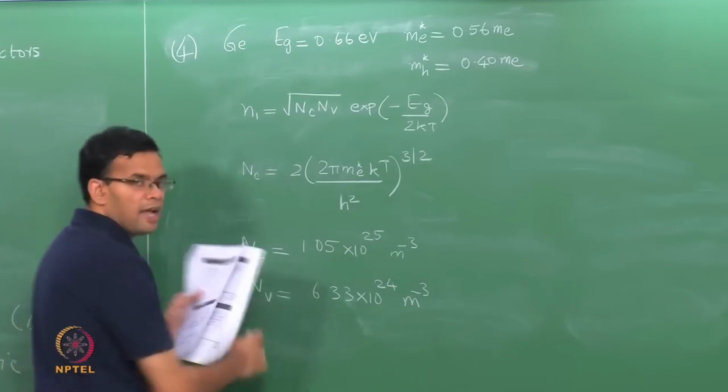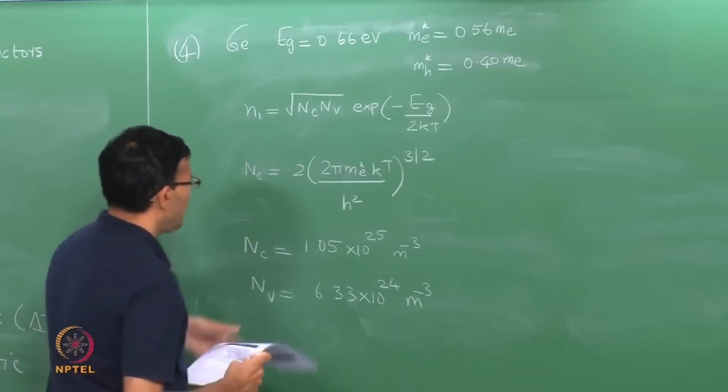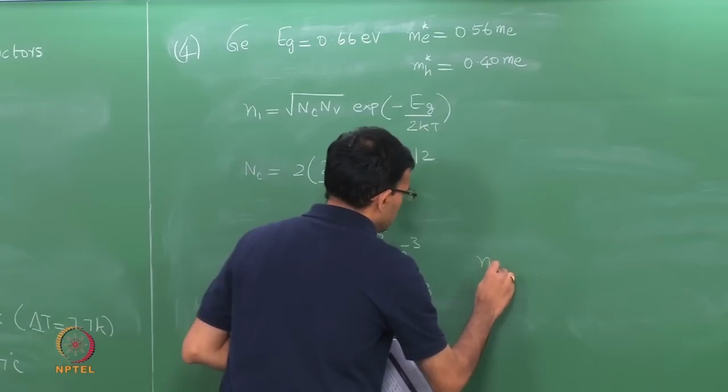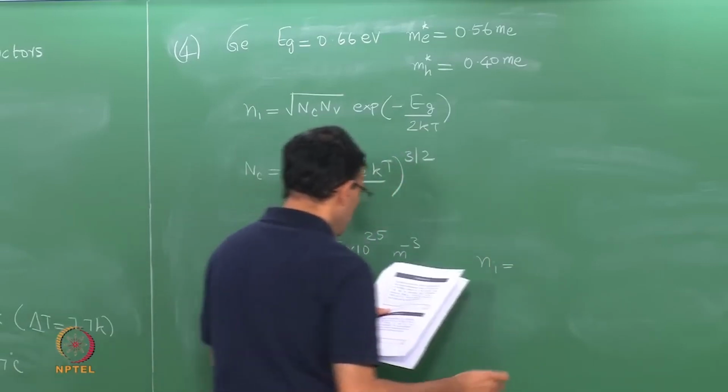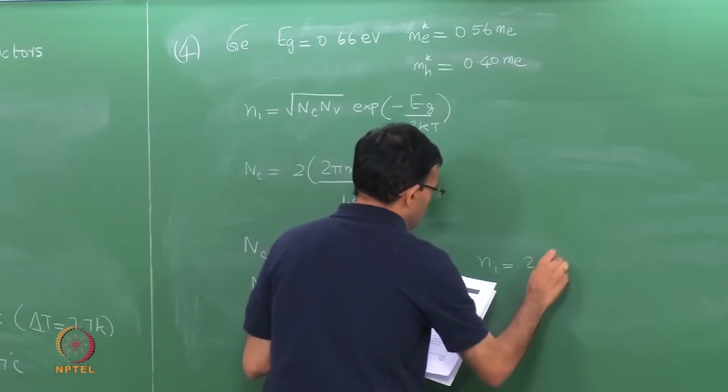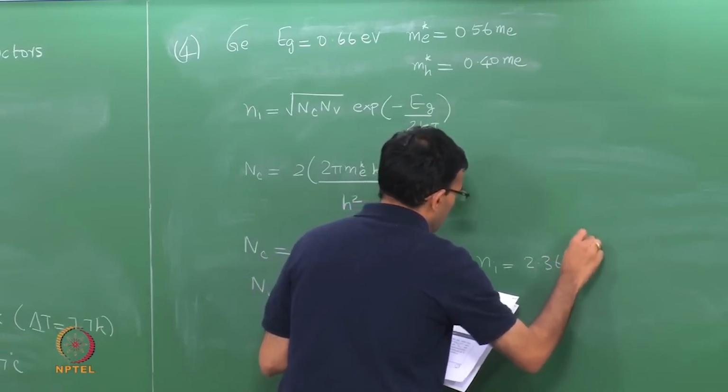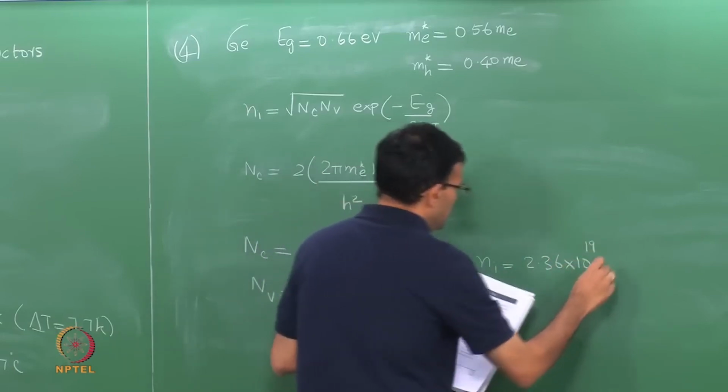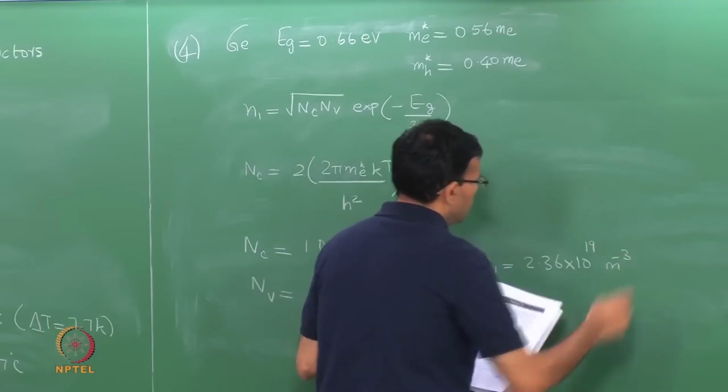So, Nc and Nv are known, we can calculate Ni. Ni, if you do, is 2.36 times 10 to the 19 per meter cube.